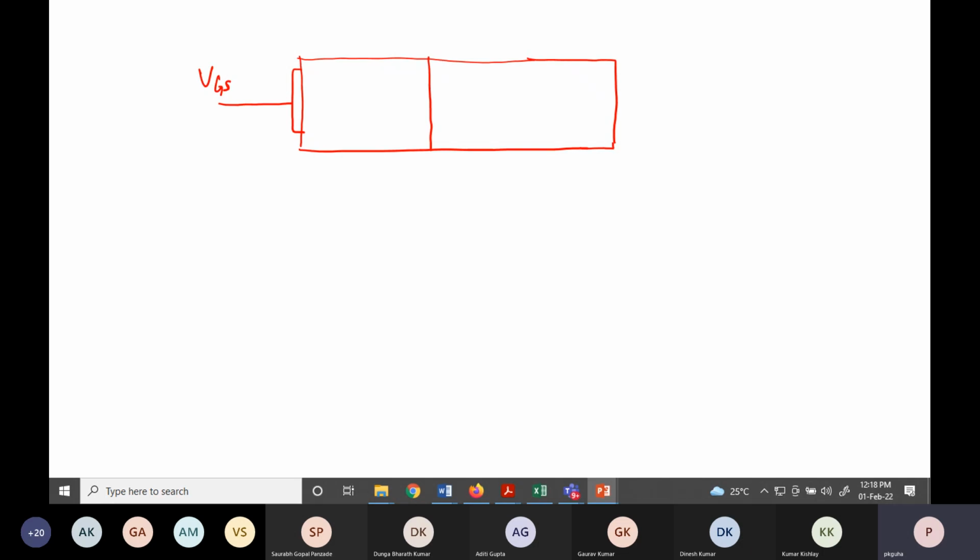You can write lightly doped if you want. Yeah, lightly doped, right? So compared to aluminum gallium arsenide it is very lowly doped.